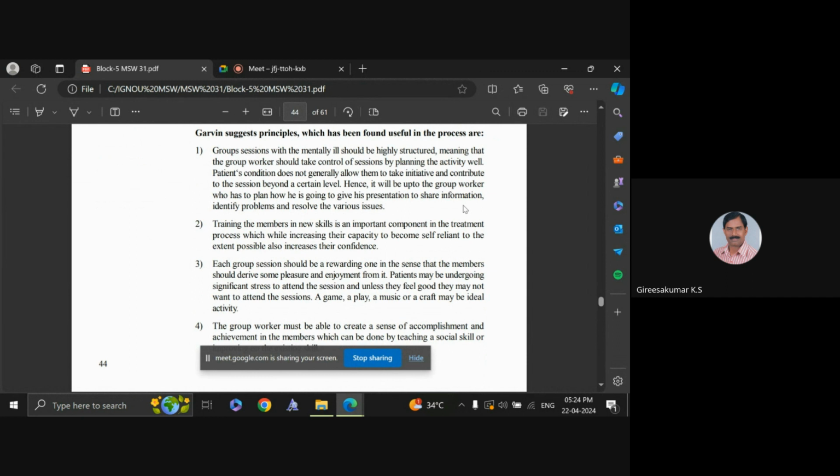Patience will come. Games, play, music, craft, etc. are to be done with the mentally challenged. The group worker has to create a sense of accomplishment.